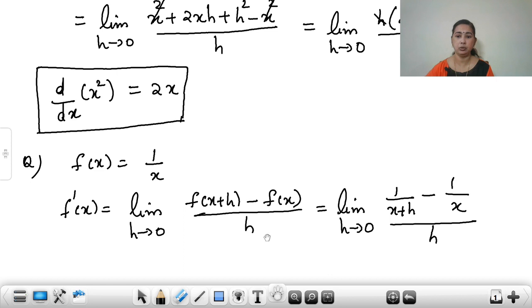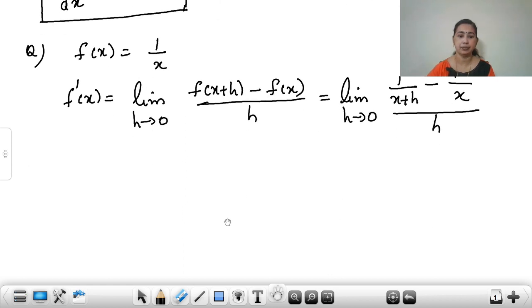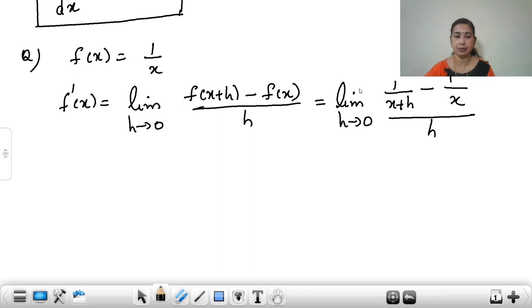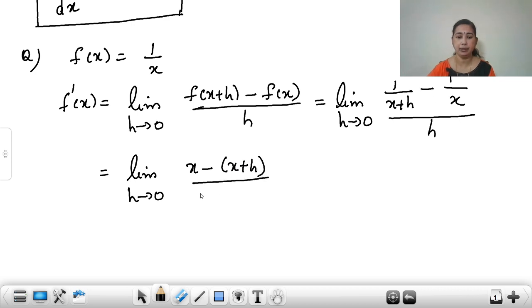Then how can we simplify this? We can cross multiply here. That is the limit as h tends to 0 of [x - (x + h)] divided by x into (x + h). The h also is coming in the denominator, so we can write h here, because it is h by 1, taking the reciprocal, 1 by h.